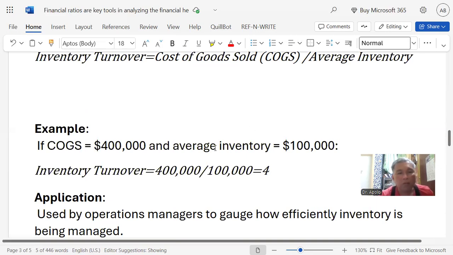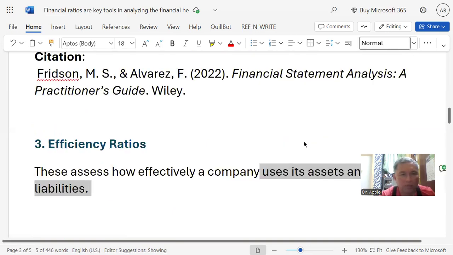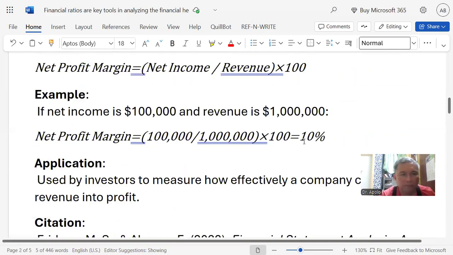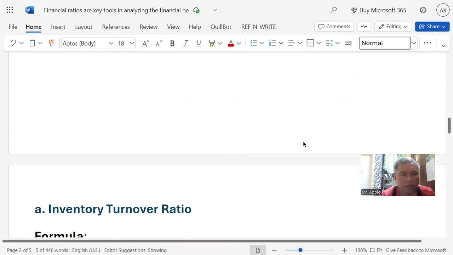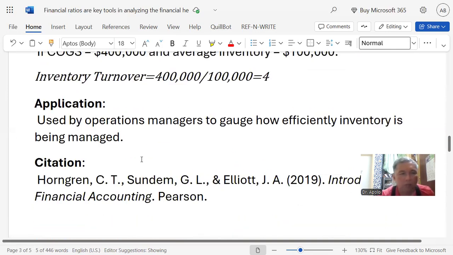Example, if the cost of goods is 400,000 and average inventory is 100,000, the inventory ratio is 4. That means okay. It is used by operation managers to gauge how efficiently inventory is being managed. The higher, the better.